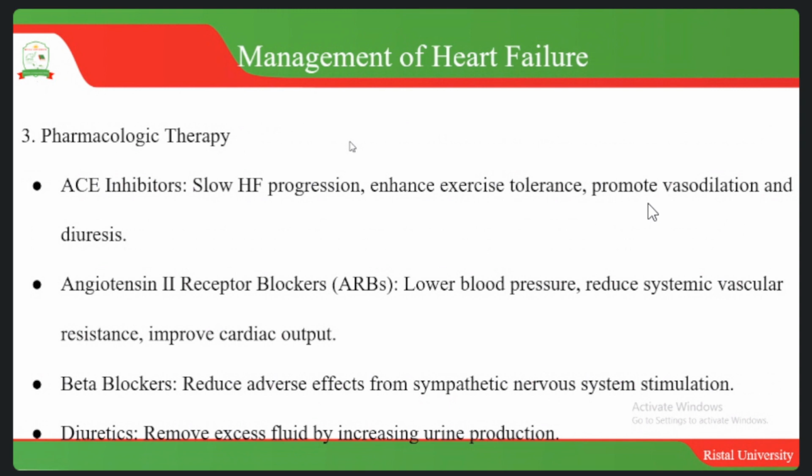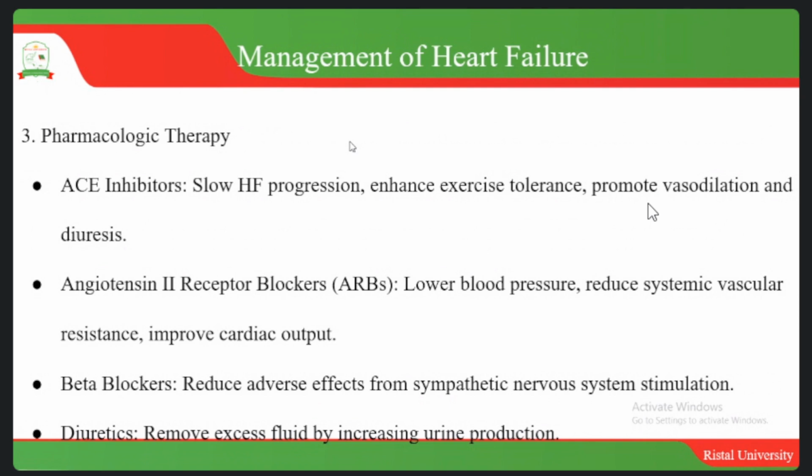Then the diuretics remove excess fluid by increasing urine production. So with diuretics, we have drugs that also are used, and they help someone pass urine in order to prevent or manage edema. So they are called the diuretics.